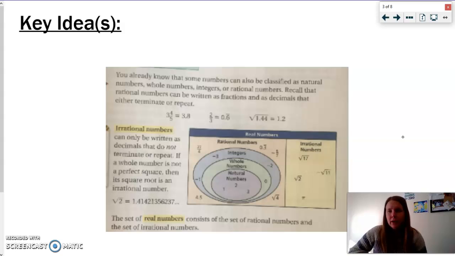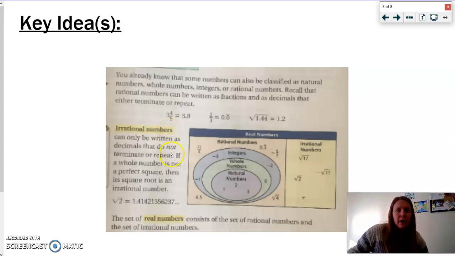Remember, rational numbers are anything that can be written in the form of a fraction, which also means decimals usually can be written as a fraction. It says recall that rational numbers can be written as a fraction or as a decimal that either terminates or repeats. So it's okay if they're repeating decimals or a decimal that stops.